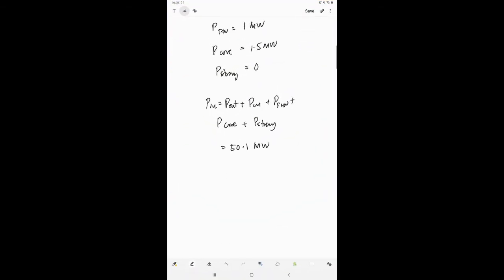Now the applied torque must be the input power divided by the speed of the generator itself. So 50.1 megawatt, and the speed of the synchronous generator is 1800 rpm, which we calculated just now. This total will give you 265.8 kilonewton meter.